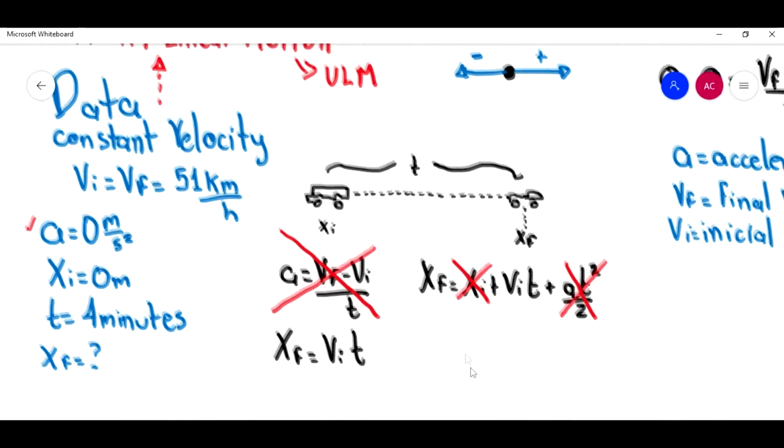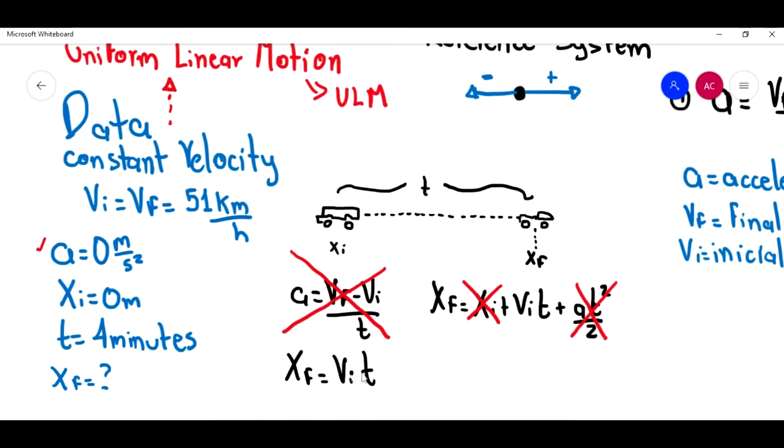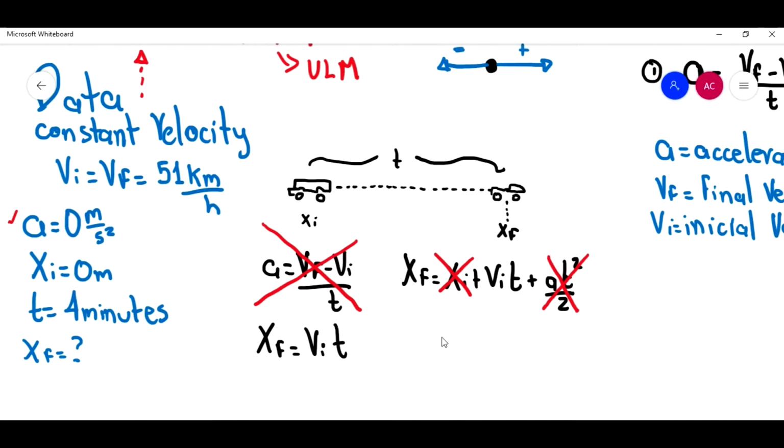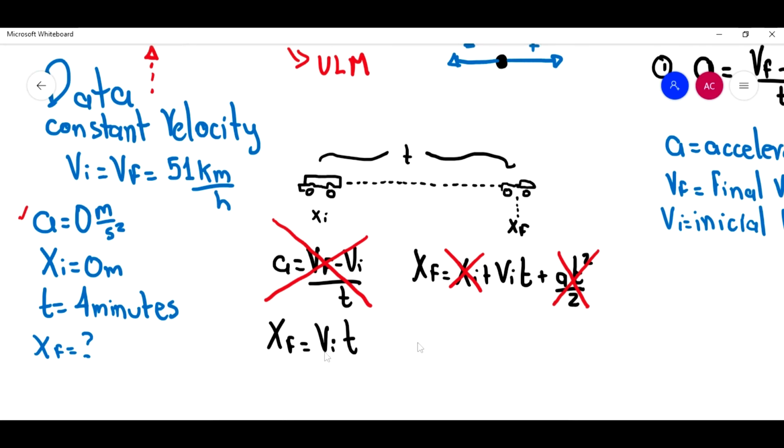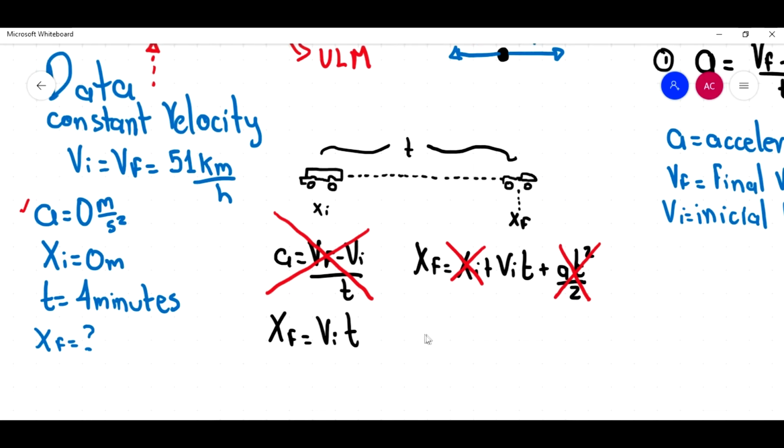So it's up to you if you want to look for the equation for uniform linear motion and memorize it, or you can work with the two original equations and from there you can cancel and substitute and do a lot of things and get the final equation that we are going to use. Okay, so from this point, I'm going to use the initial velocity, that is this one, and the time.